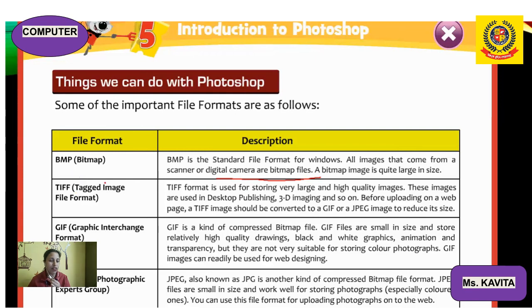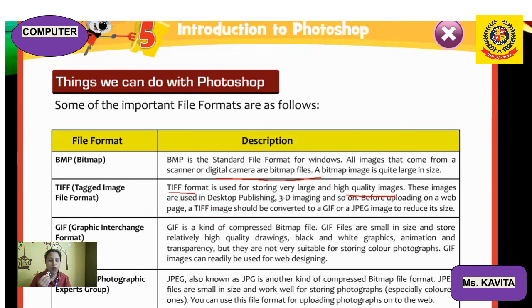TIFF format is used for storing very large and high quality images. These images are used for desktop publishing, 3D imaging and so on. It is used in the publishing field and 3D imaging.